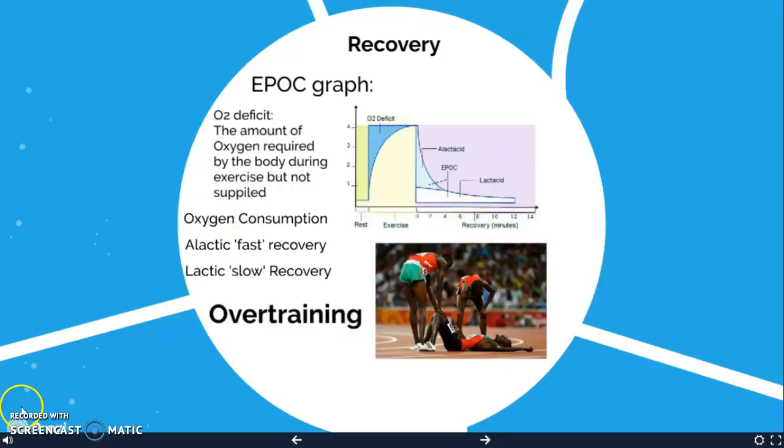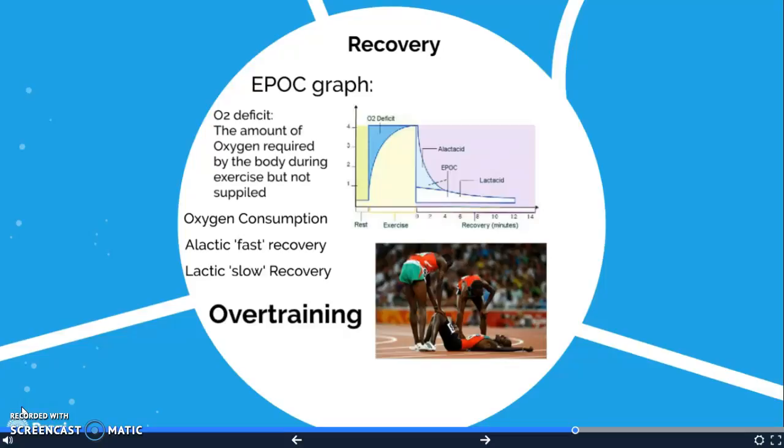So the removal of the lactic acid, and that will also include increased cardiac output and increased ventilation to ensure that the carbon dioxide can freely move out the body easily and can be dealt with.